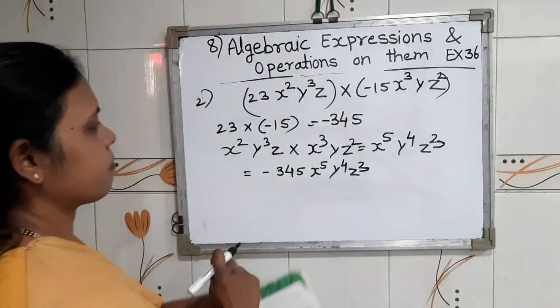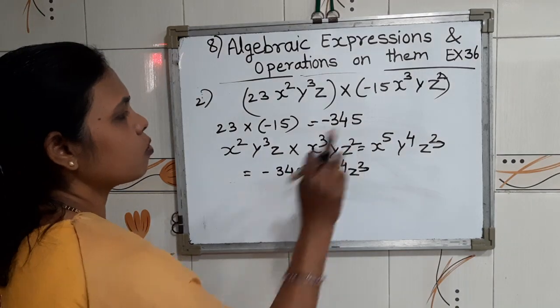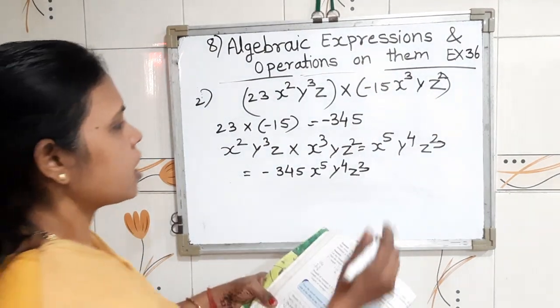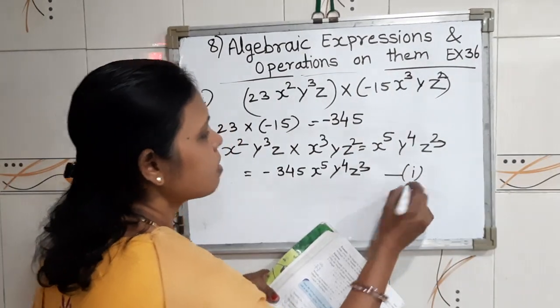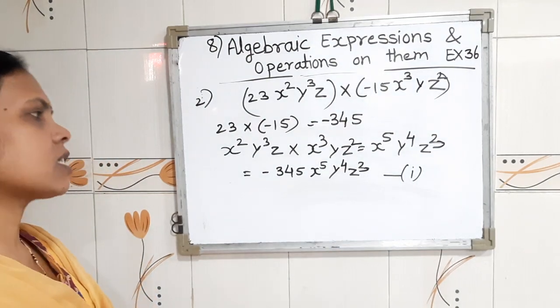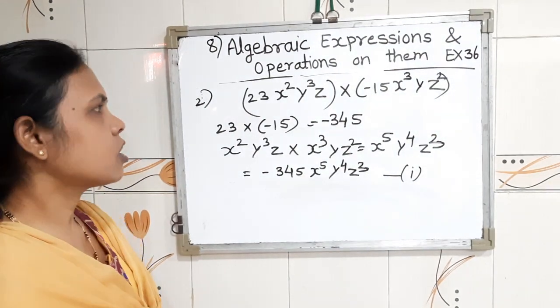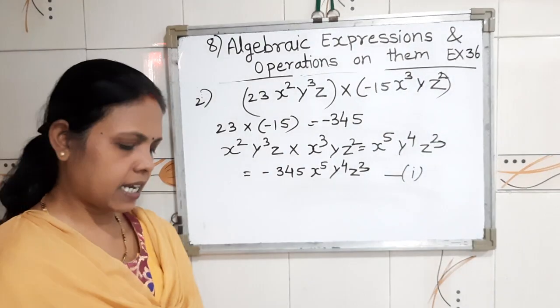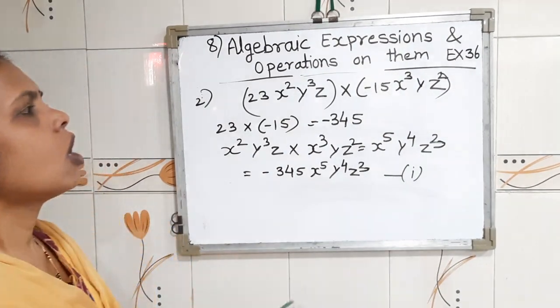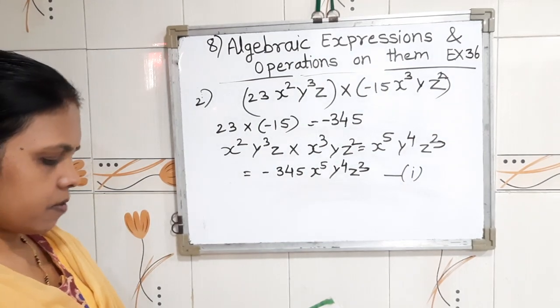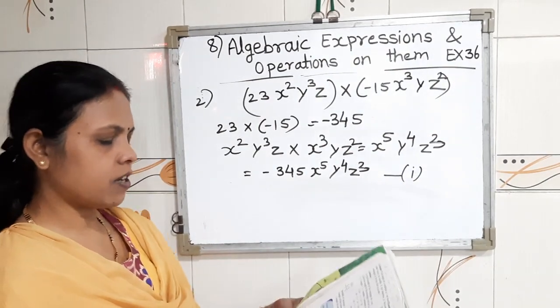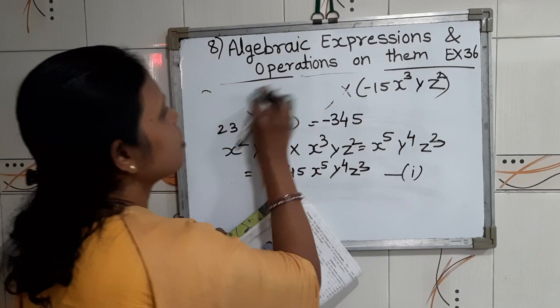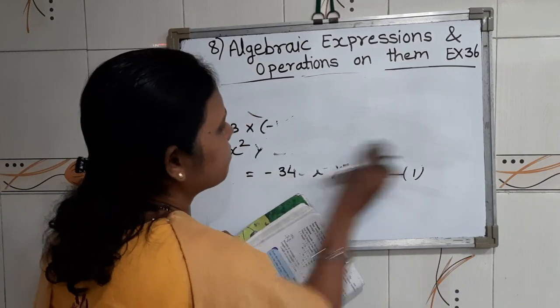Means z1 z2. This one is lying in option number first. Means our option number first is correct. So children, in this way we had completed question number second. Now our question number third. Solve the following equation.